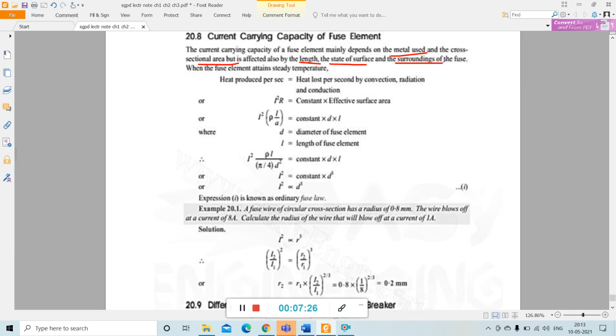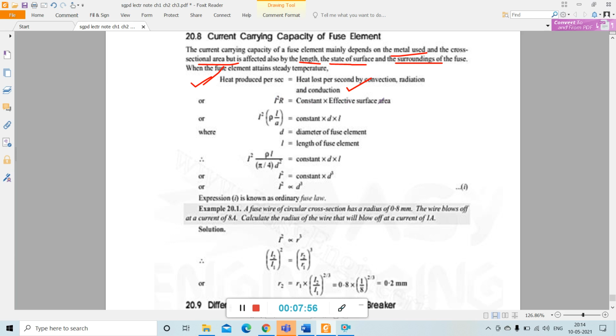When the fuse element attains steady temperature, at this time heat produced per second is equal to heat lost per second by convection, radiation, and conduction. So heat produced is I square R, and heat lost is what?